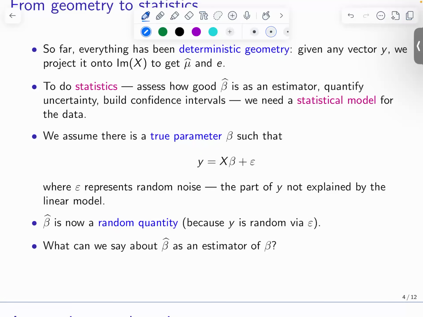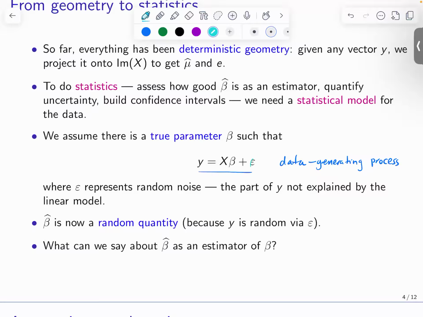We're assuming now that y is equal to X beta for some true beta plus epsilon, which is a random vector. So this is going to be a data generating process.